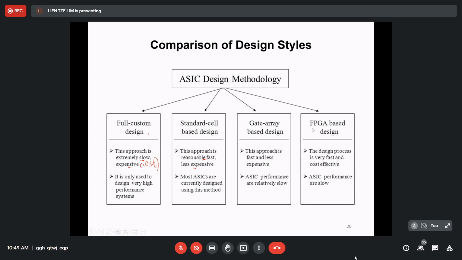For FPGA based design, the design process is very fast and cost effective. ASIC performance is slow, and also low.